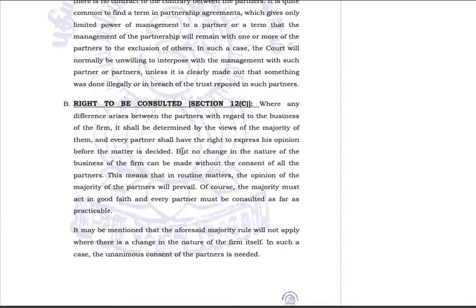But no change in the nature of business of the firm can be made without the consent of all the partners. Okay, so you can take decisions regarding business by majority, but if there is a decision regarding change of the business, like from sports industry to real estate, from real estate to Bollywood, from Bollywood to artwork, you cannot do so without the consent of all the parties.